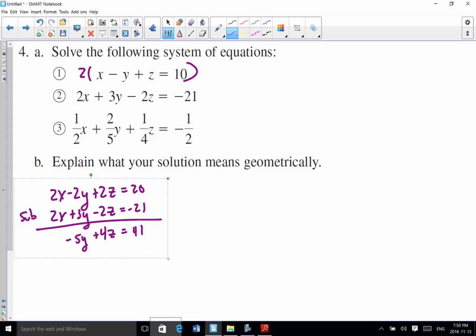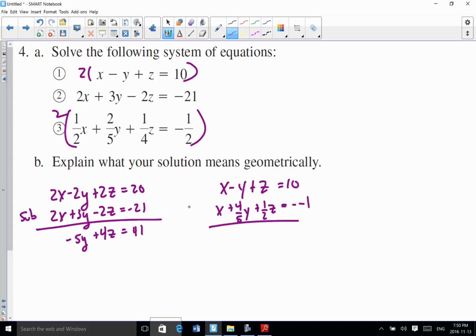So let's take equation, this is going to be messy, right, no matter what here. Let's take equation 1, which has small numbers, and let's take equation 3 and make the x's the same, so times it by 2. So it goes x plus 4/5 y plus 1/2 z, 2/4 is 1/2, right, equals negative 1.